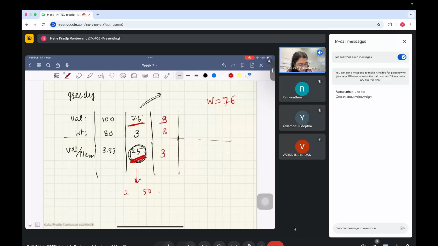This makes a weight of 50, and you have a value of 150. Now you have some 26 weight that is remaining with you.